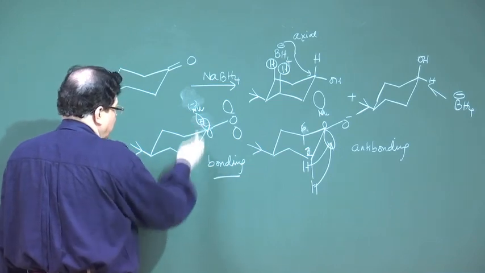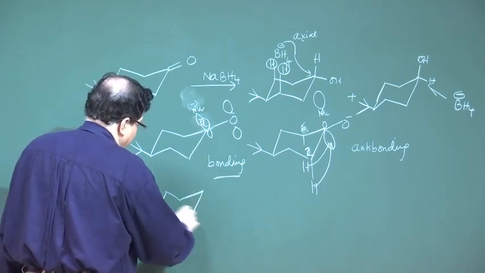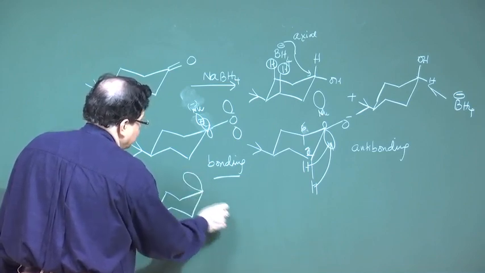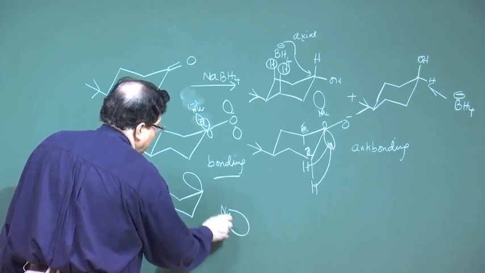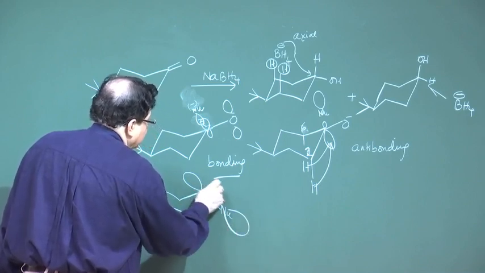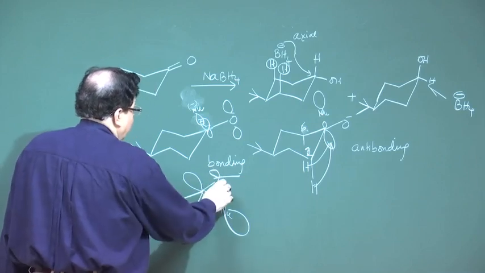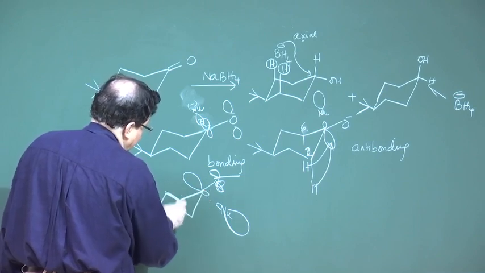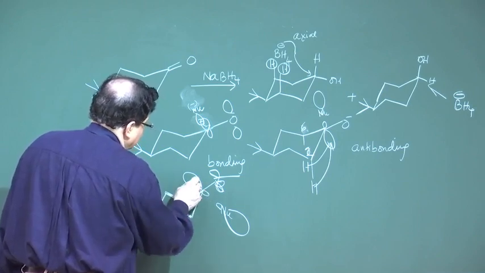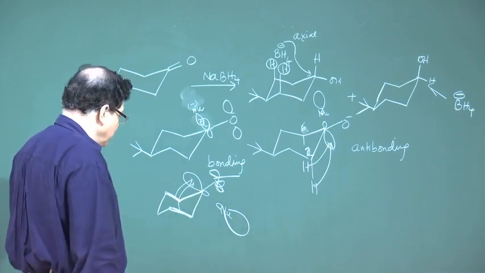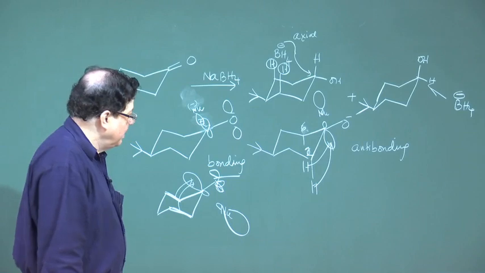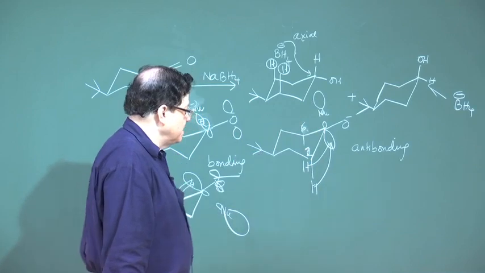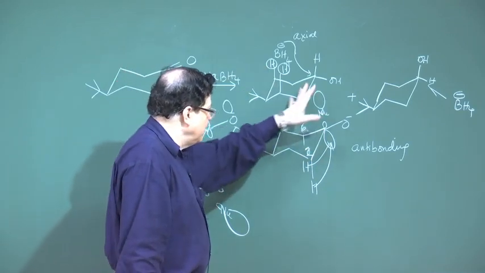If it approaches from the equatorial face, then the diagram will be that the antibonding lobe will be bigger on this side, the nucleophile is here. So, nucleophile lobe is like this, antibonding, and this is the oxygen lobe. Now what is happening, that the only orbital that can donate here is these carbon-carbon bonds, and the CC bond is a much poorer electron donor than the CH bond. So, ultimately the major product is the approach from the axial face leading to the equatorial alcohol.